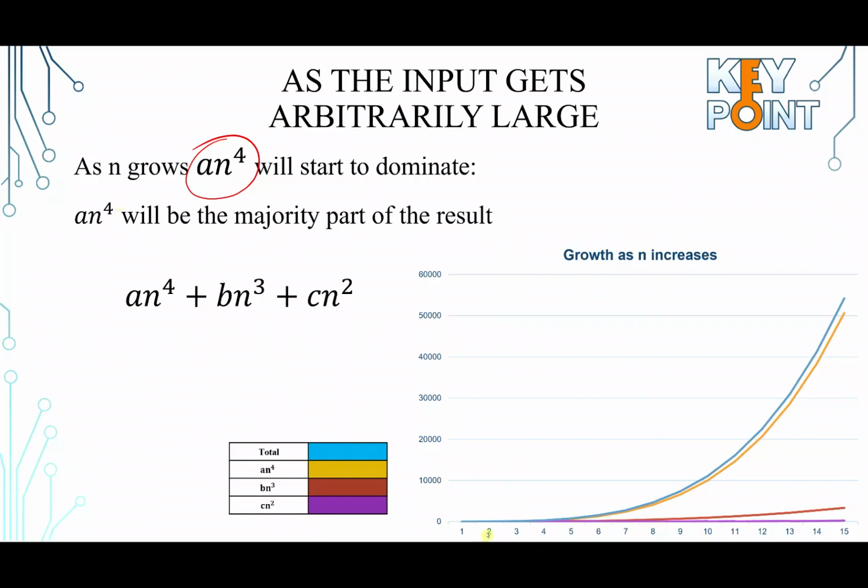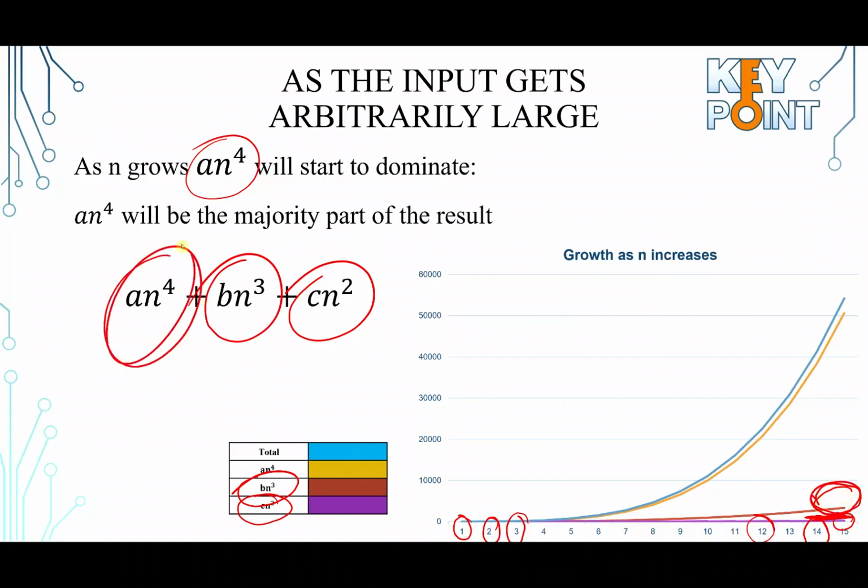Look, here are some inputs: n equals 1, n equals 2, n equals 3. When n equals 12, for example, or n equals 14, you can see this term is here, this term is here.